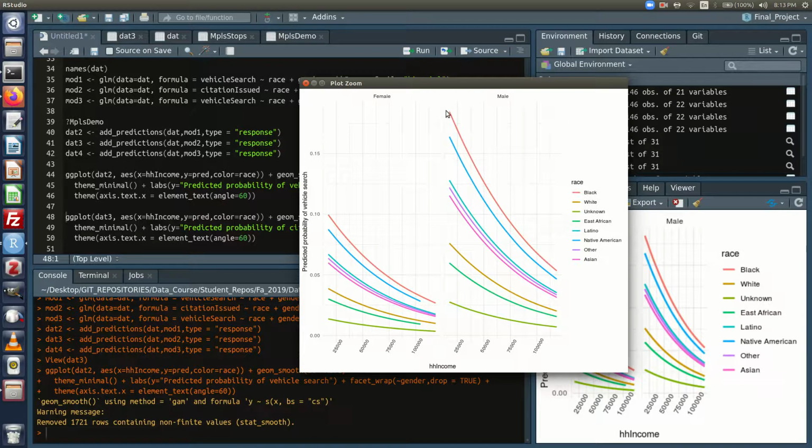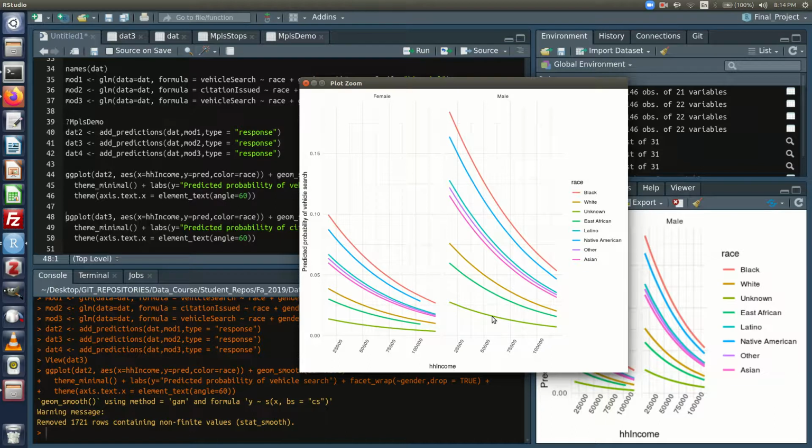If the driver is black, their probability of having their vehicle searched is greater than a Native American, which is greater than Latino, then other, and then Asian, and then white down here, and then East African, and then unknown.